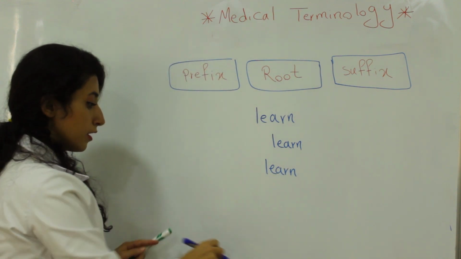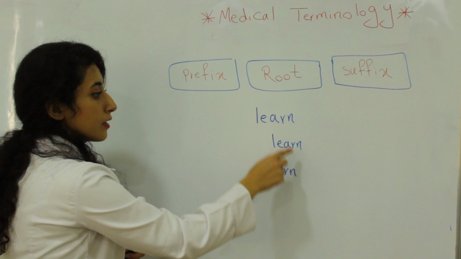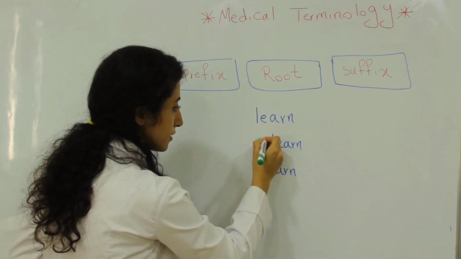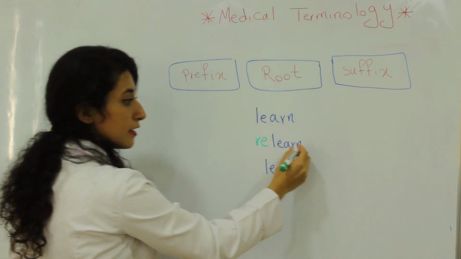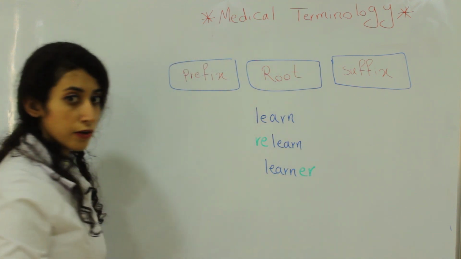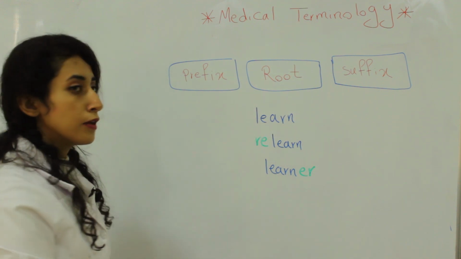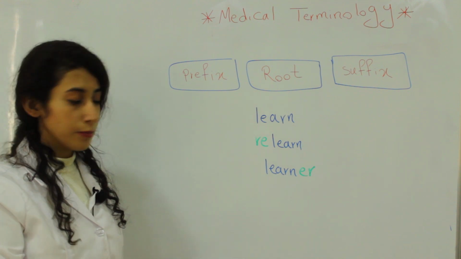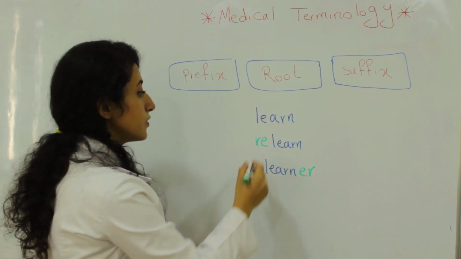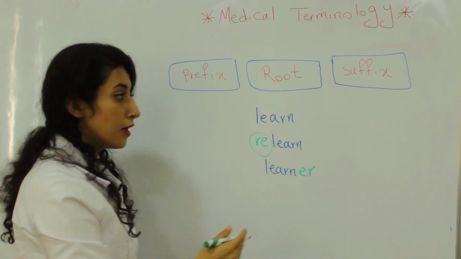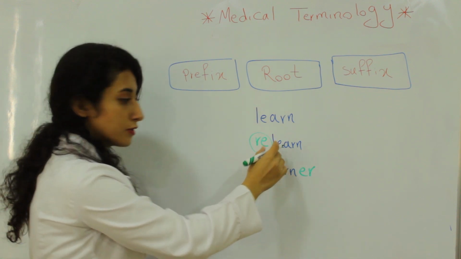As you see here, I wrote the root with the blue marker. I added re to the next one and I added er to the third one. The first one is the verb learn, and all of us know the meaning of that verb. Another one is relearn. Re is the prefix that I added to learn and it changed the meaning of the root.